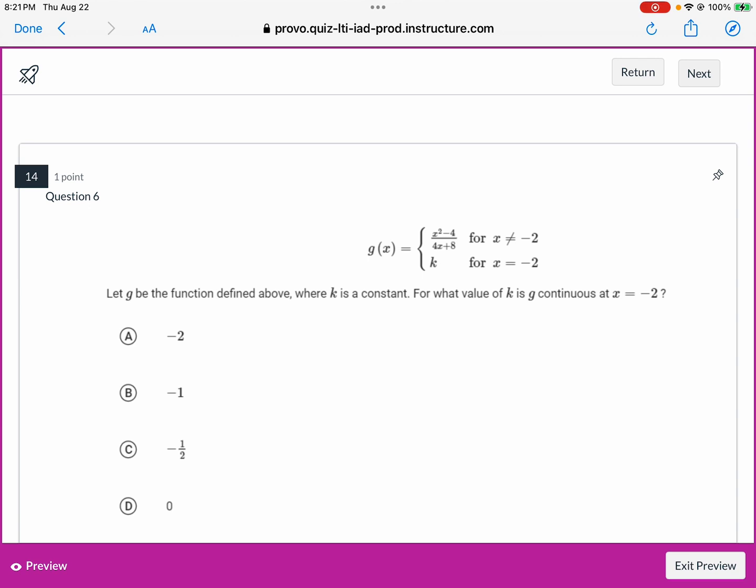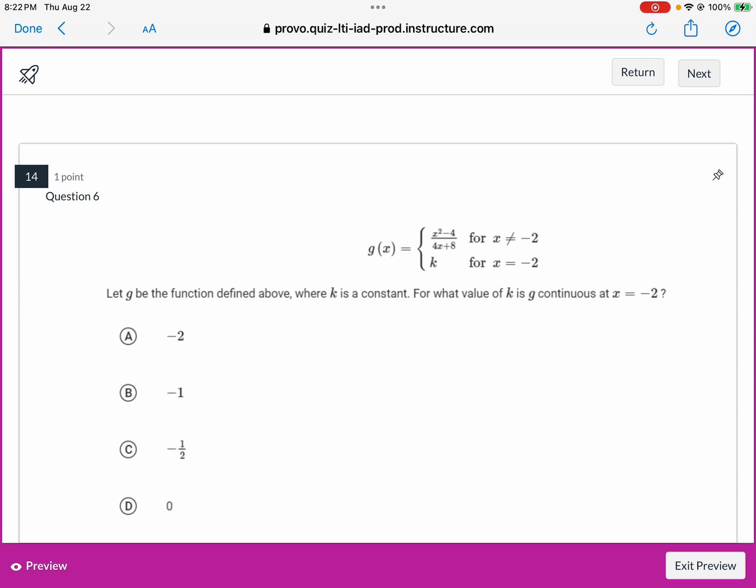And then, well, maybe first, on the expression x squared minus 4, that can be factored into x plus 2 and x minus 2. And on the denominator, you can factor out a 4, and you'd get x plus 2.